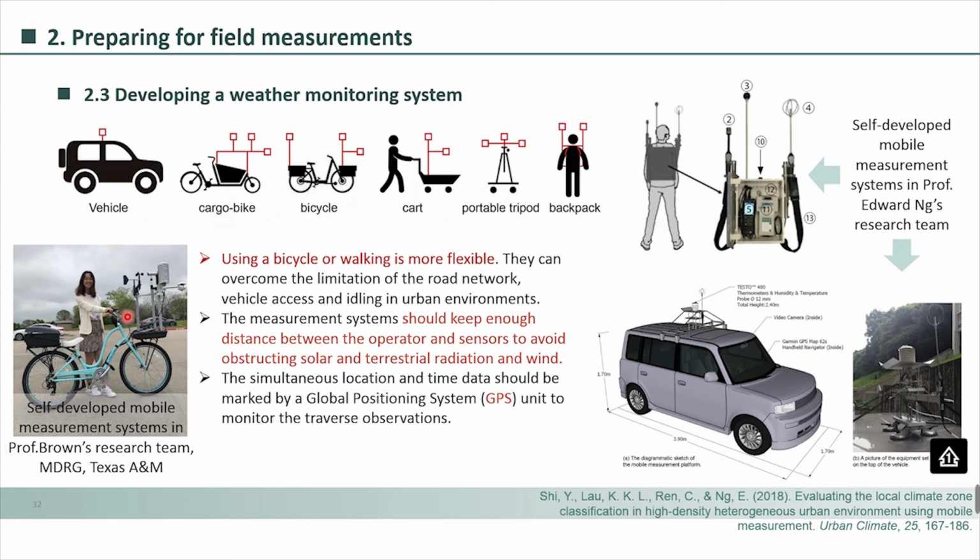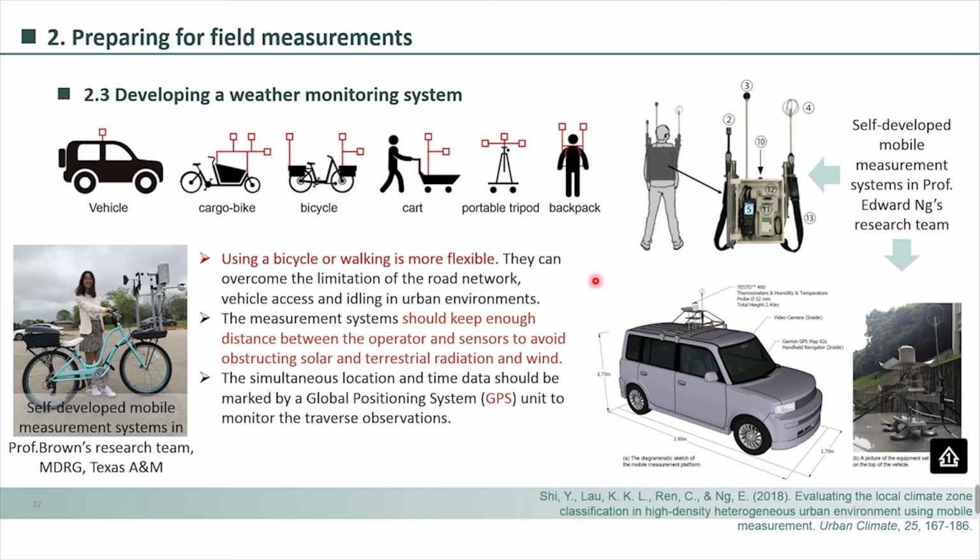And this is a self-developed mobile measurement system from Professor Brown's research team, and this is a backpack monitoring system, and this is a vehicle monitoring system from my current research team. We put the instrument on the top of a car because my colleagues want to focus on the air quality in urban environment. And for the details, you can find in this paper.